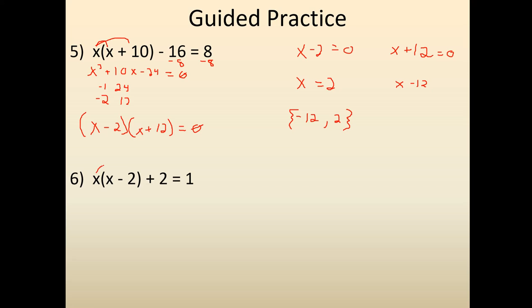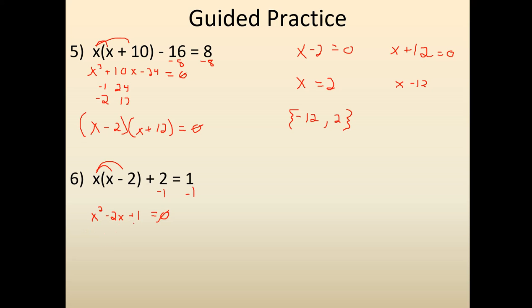Down to number 6, again, do the same thing, distribute those numbers over and subtract the 1 over to the other side. Now, you should separate these into two different steps, but I'm doing it so that I can keep these videos a little bit shorter. From here, then again, I'm going to factor.